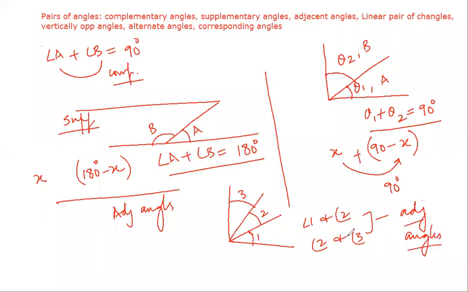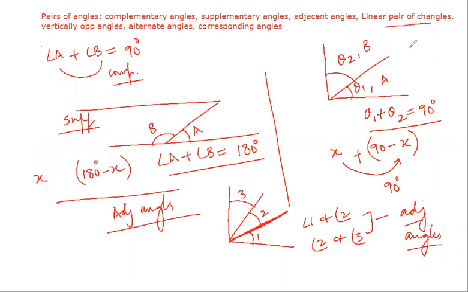It is worth noting, students, angle 1 and 3 are not adjacent angles. Adjacent angles have a common arm. This ray is known as an arm. So two angles having a common arm are known as adjacent angles.